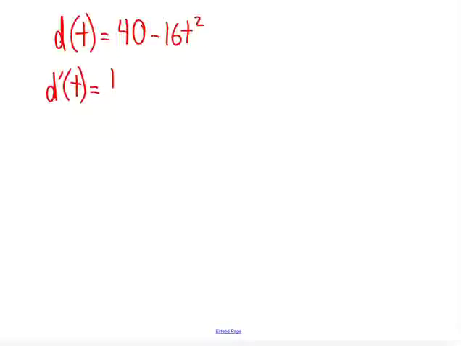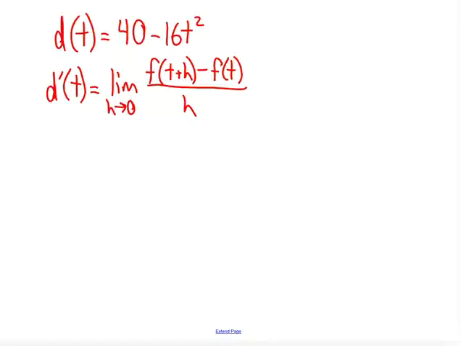So we're going to get the limit as h approaches 0 of f of t plus h minus f of t, all over h. Actually, I shouldn't be using f's, I should be using d's, because this is the function d of t. So d of t plus h minus d of t.